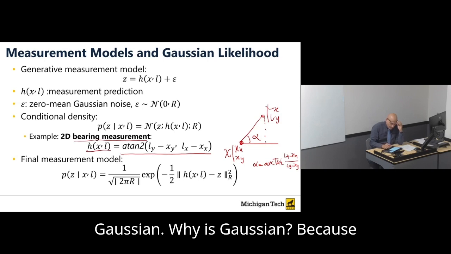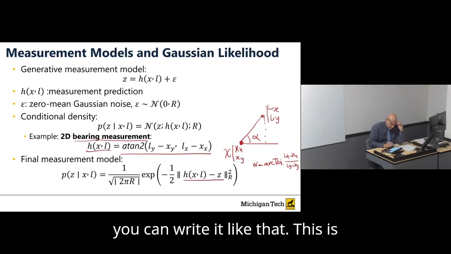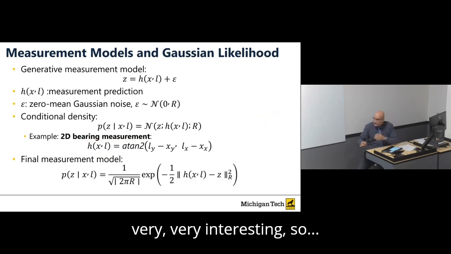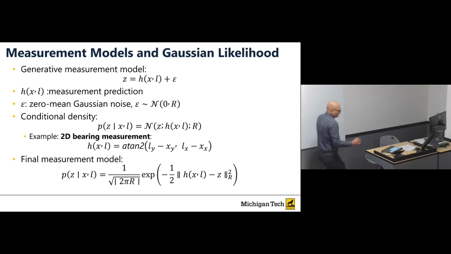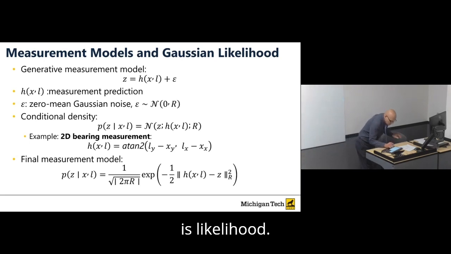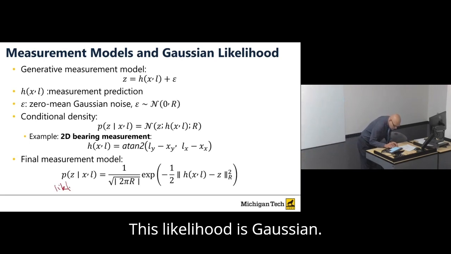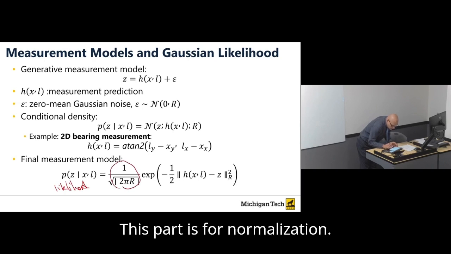Why is it Gaussian? Because you can write it like that. This is very, very interesting. The probability of z given x and L is the likelihood. This likelihood is Gaussian. This part is for normalization.